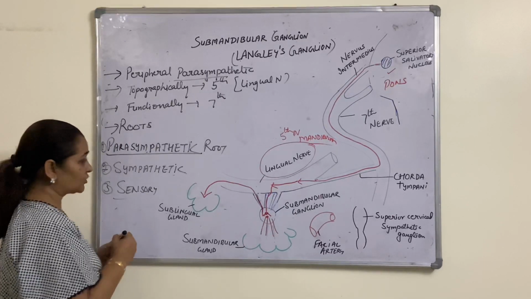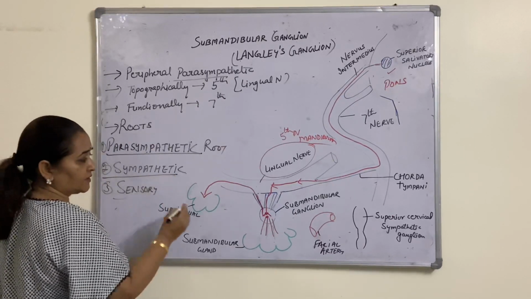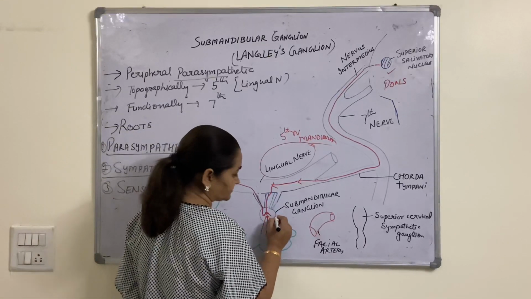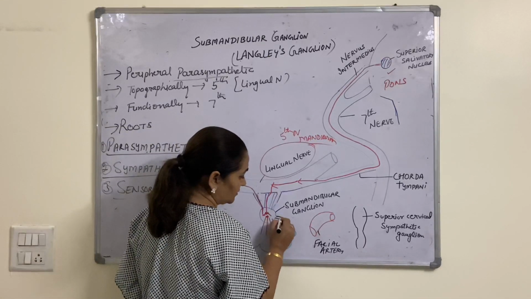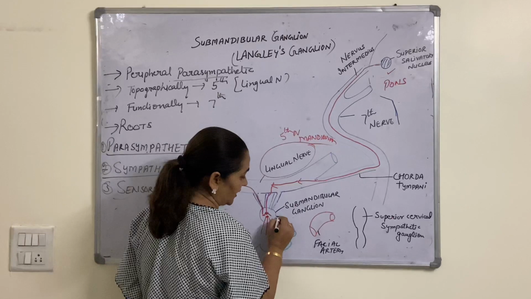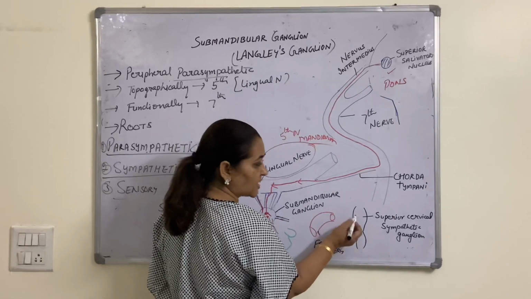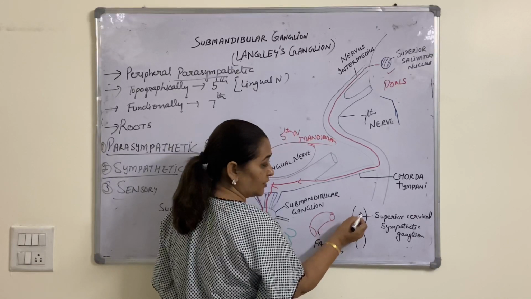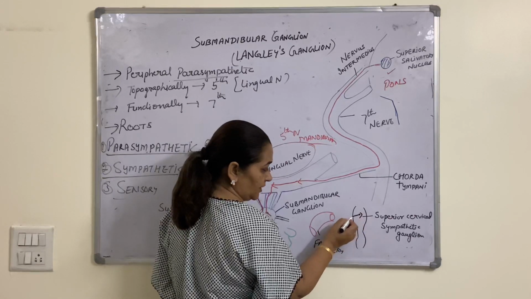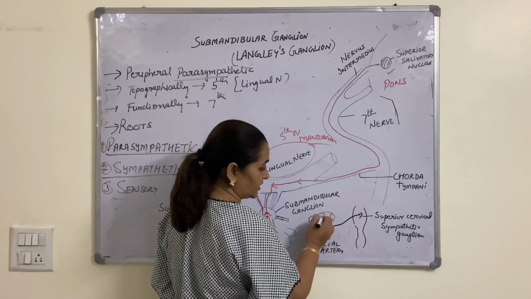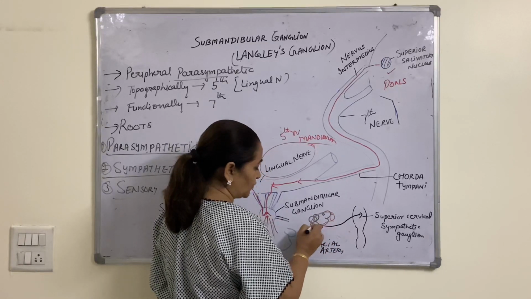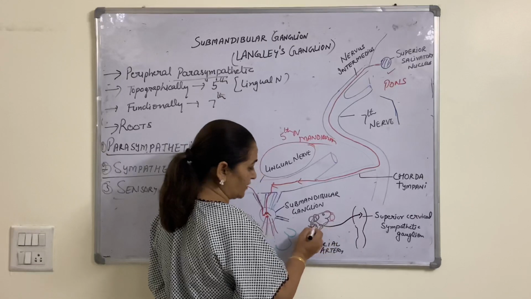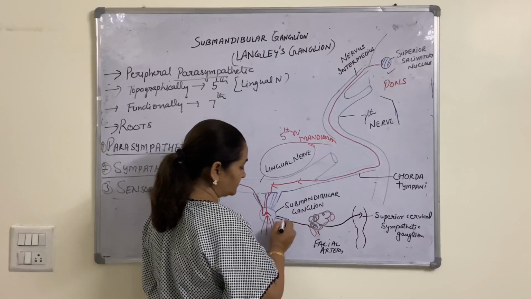Next is the sympathetic route. That is connected with the ganglion, but the fibers start from the superior cervical ganglion. So these are the postganglionic fibers. They come and form a plexus around the facial artery. From there, these postganglionic fibers reach the ganglion.